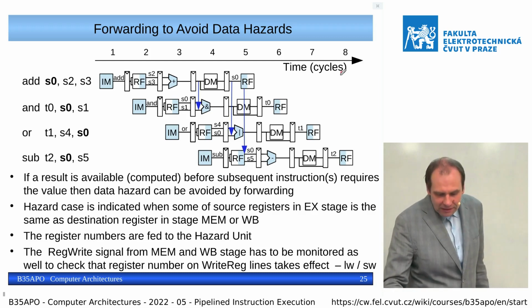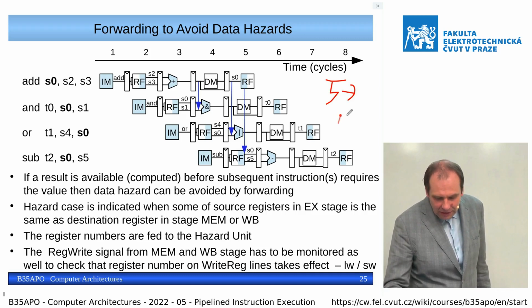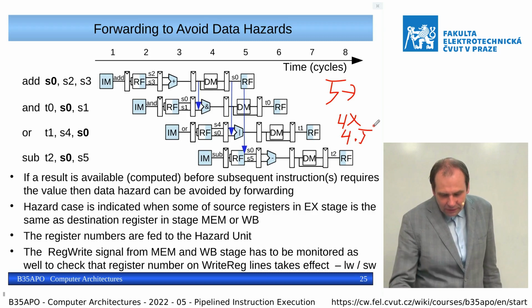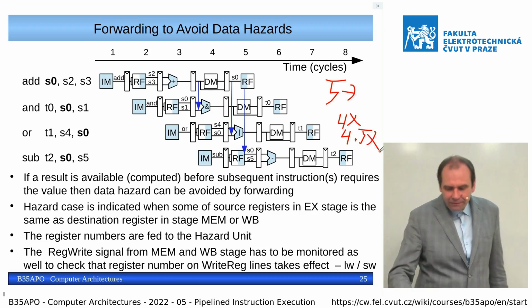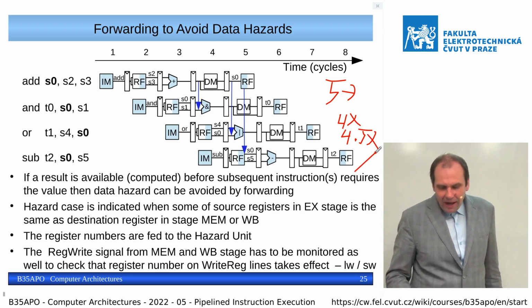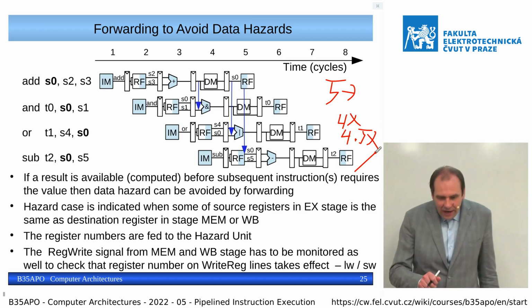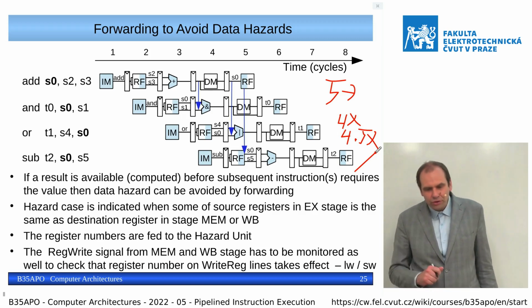If we have 5 stages, then the result can be something like 4 times faster or 4.5 times faster. But then we have the speed divided by 1 active instruction and then 2 stall cycles.